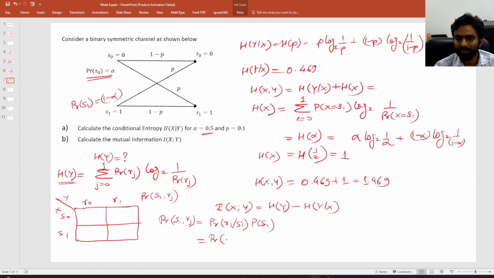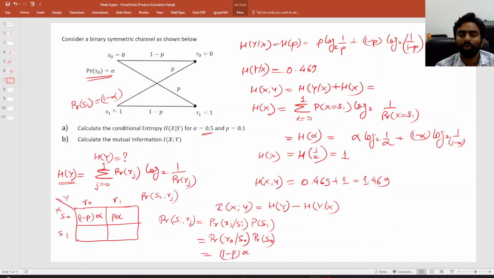So for the first term I will calculate, and the rest of the things I will write directly. Probability of S0 is given, that is alpha, and R0 given S0 is 1 minus P, so it is here 1 minus P times alpha. Similarly for R1 given S0, that is P multiplied by probability of S0, that is alpha. So I can write alpha P directly here.